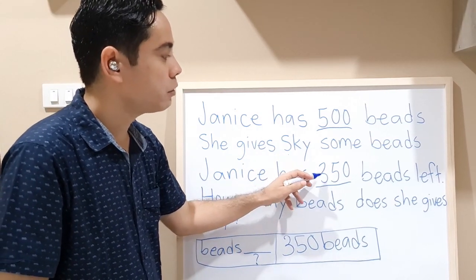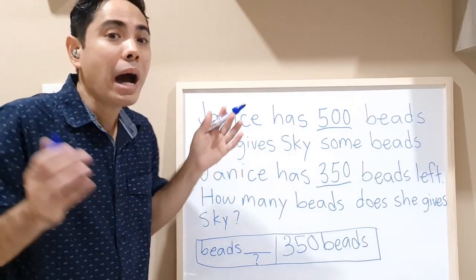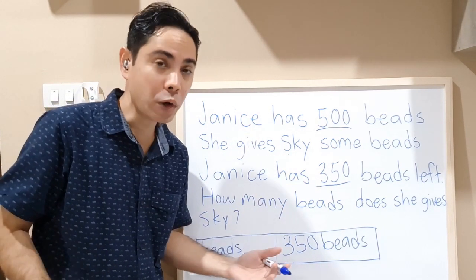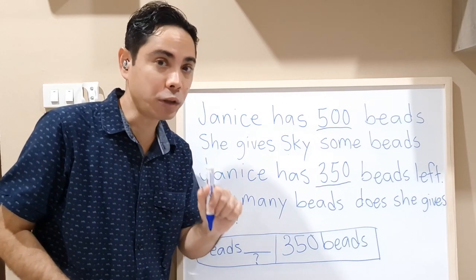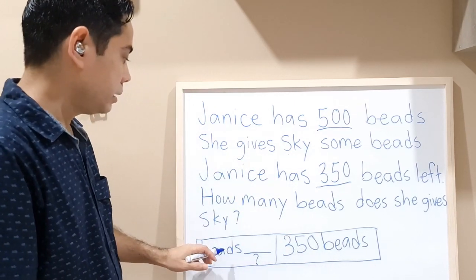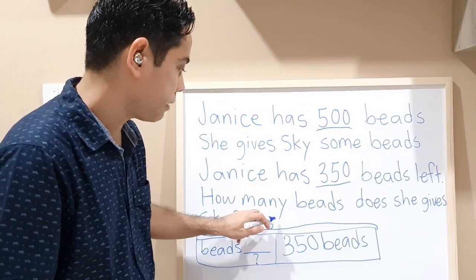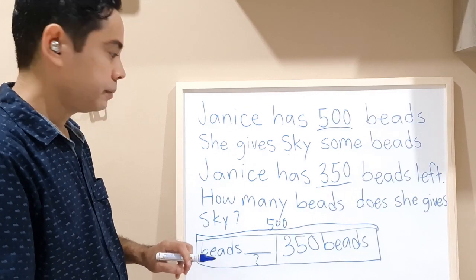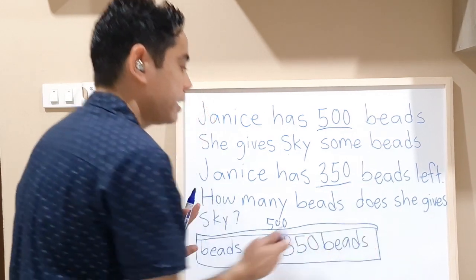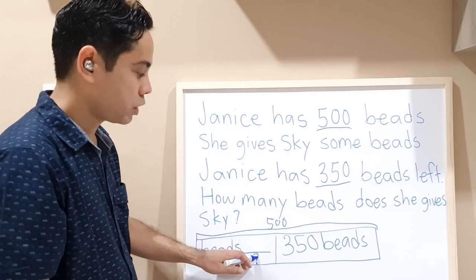So she removed 350 beads from her 500 beads. How many beads are left? We can find out by subtracting. First, let's write the bar model. All of this is 500, and she gives 350 beads out of the 500. How many beads does Janice have? It's the question mark.